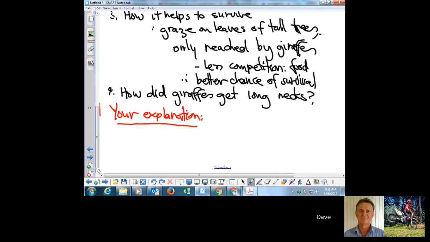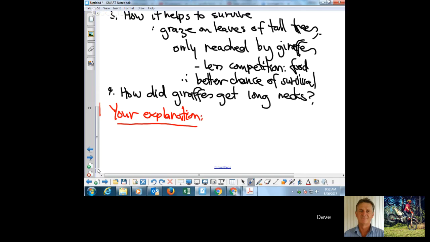And then if it reproduces, you may be suggesting that it will pass the long neck onto its offspring. Yeah. Did I put words in your mouth, or is that what you're thinking of? No, that's what I'm thinking of. Okay. Yep. Righto, let's listen to what Billy's got to say.